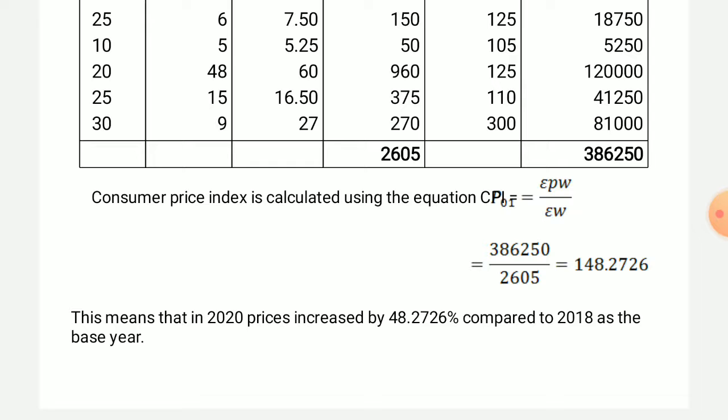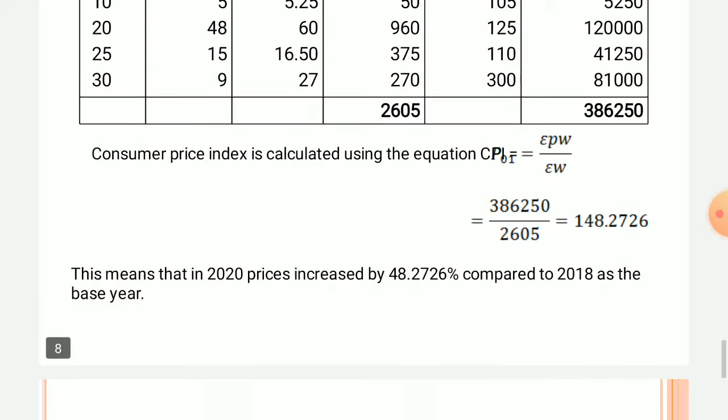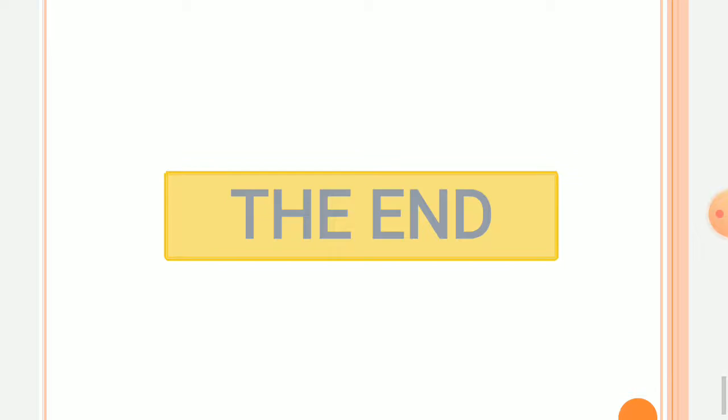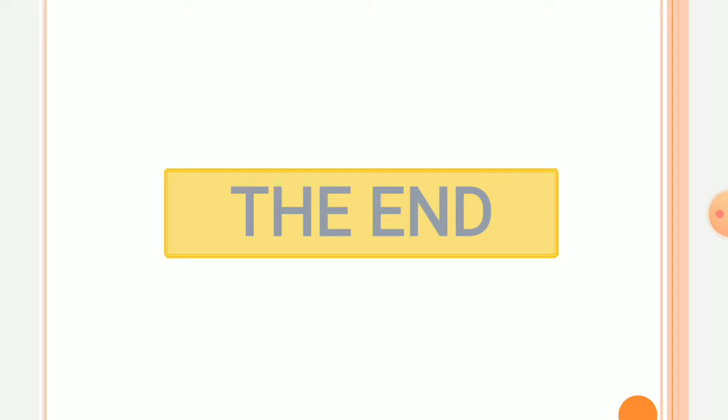So therefore CPI, the consumer price index, is equal to 148.2726. This is the method of constructing the index number according to the consumer price index, the family budget method.